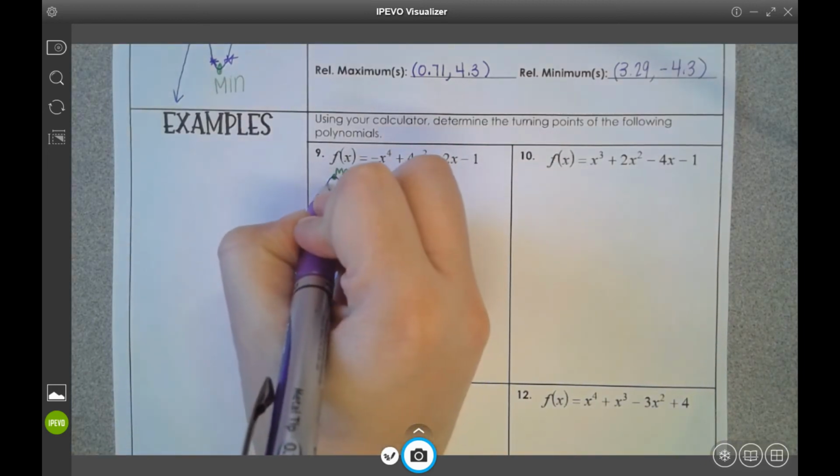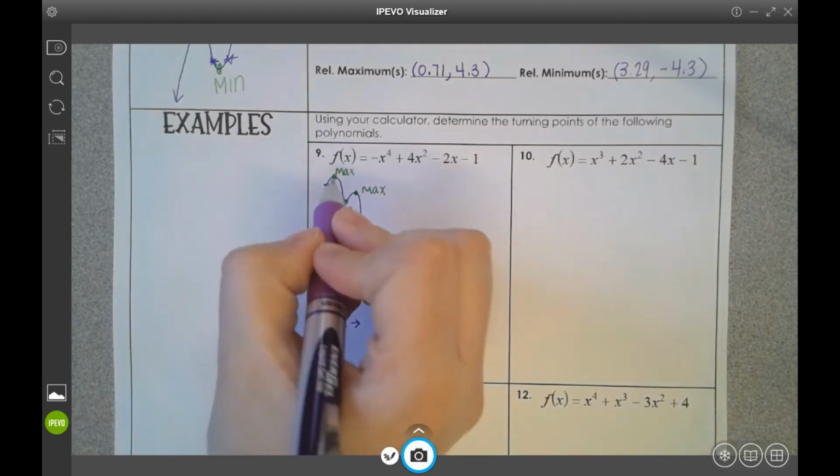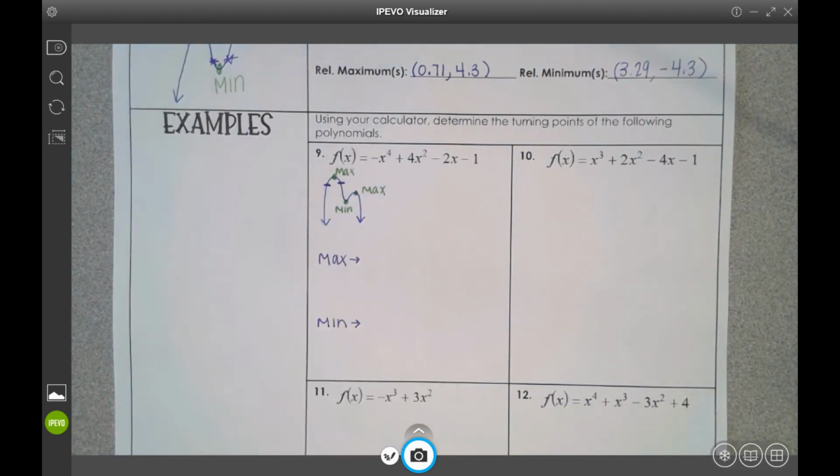So my blinky cursor should be about right there where I made that mark. And then you hit enter. Then you go to the right of it. So just like right here, just barely past it. Hit enter. And then you hit enter again.